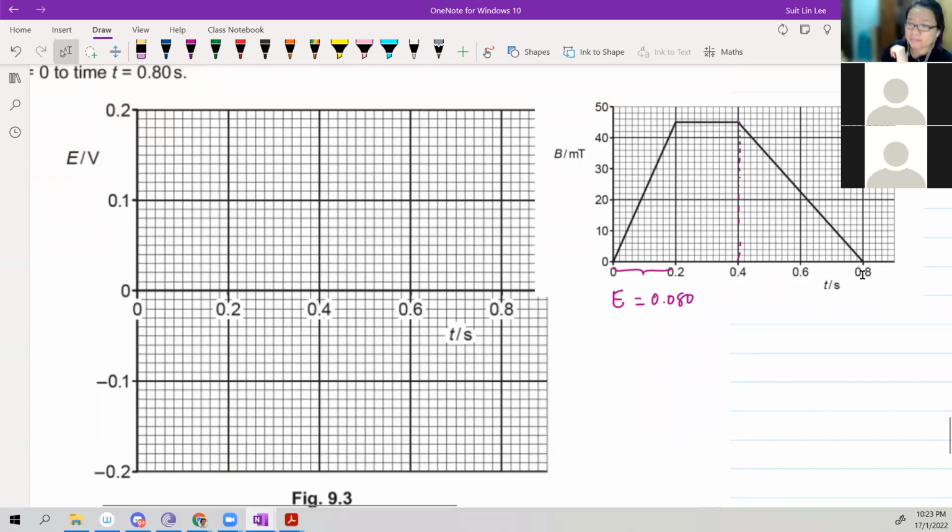So double the time, what's the EMF here? Can someone tell me in the chat? What do you think this EMF is? I took a longer time to decrease from 45 to 0. What is the EMF for the second portion? Get the magnitude right first, then we decide the sign later.